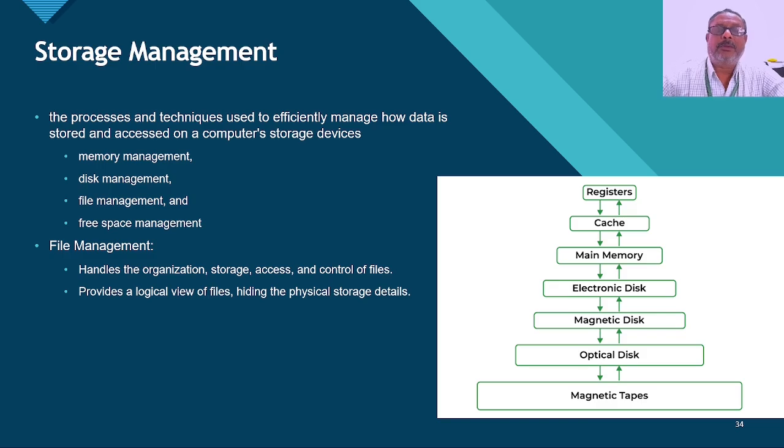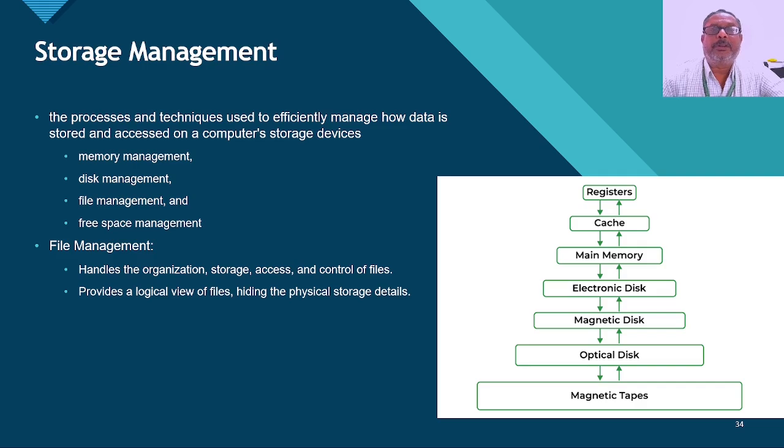We are only bothered about the fact that if I want an amount of data to be written or retrieved, I just want to use a name for that instead of going through all the details. So it gives an abstraction; it hides all the working details of how the data is stored inside the memory. It makes no sense for us to know all this information.